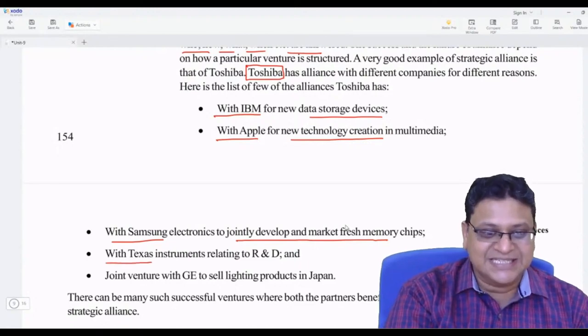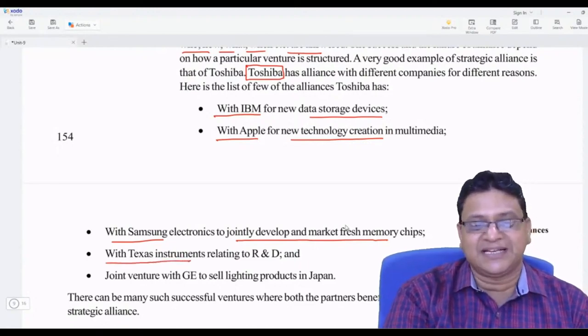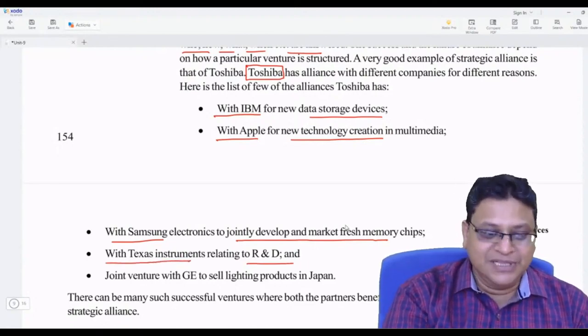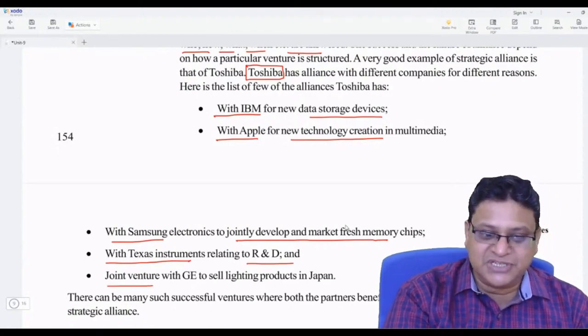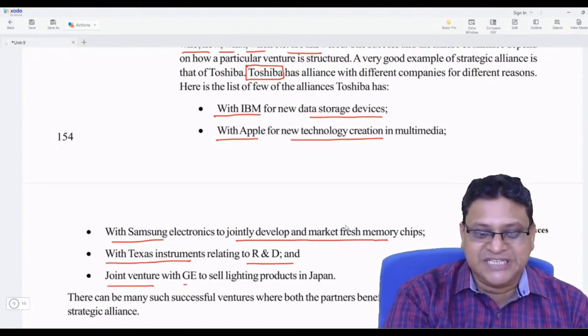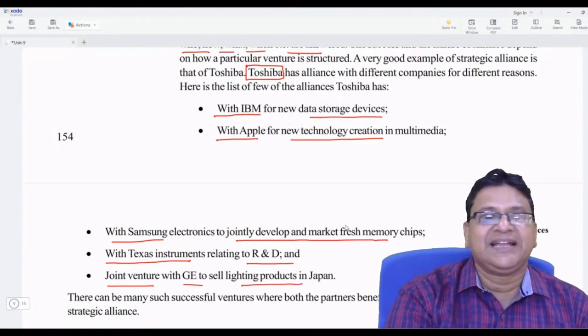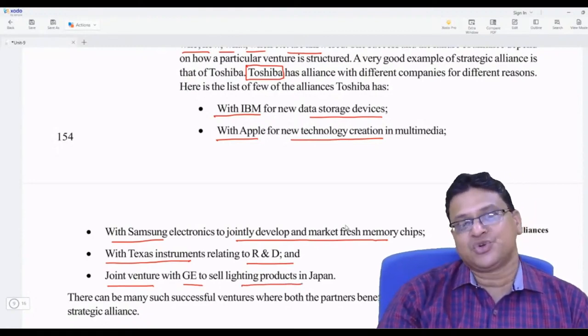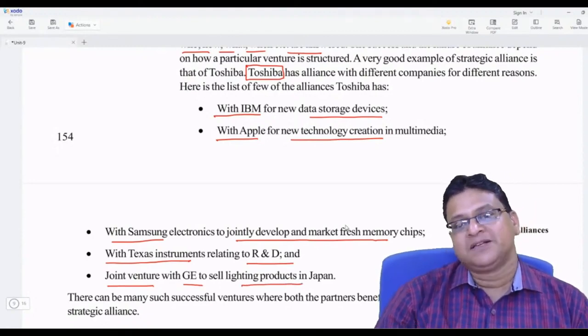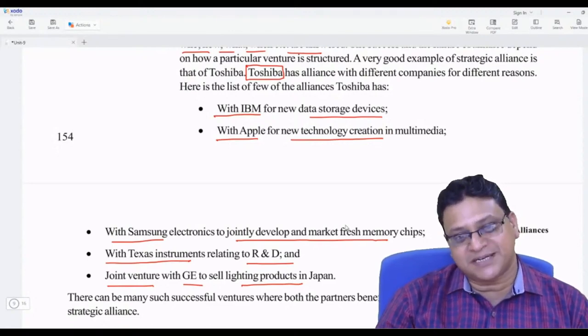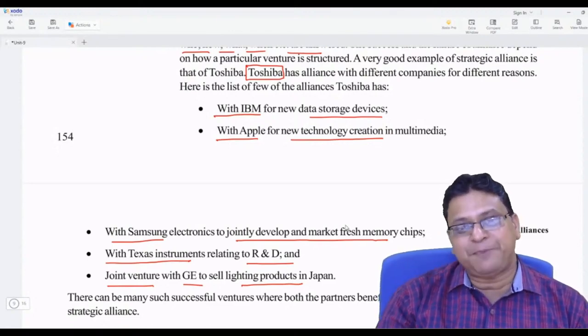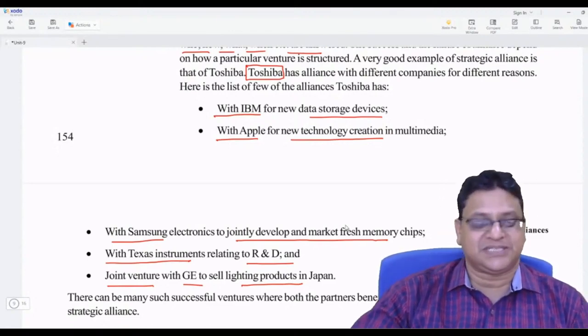With Texas Instruments, it has an alliance for R&D. There is a joint venture of Toshiba with GE to sell lighting products in Japan. So a company may form strategic alliances, global strategic alliances, with different partners for different purposes.